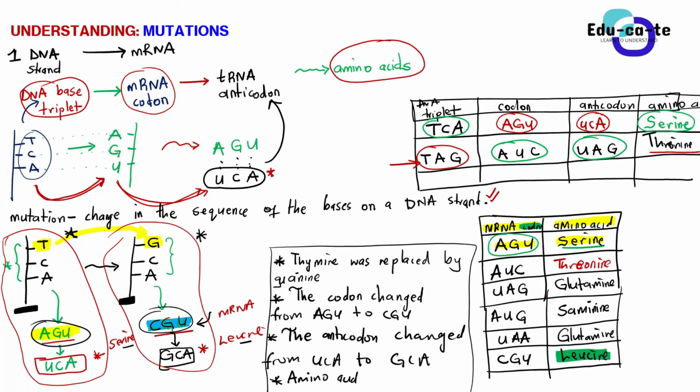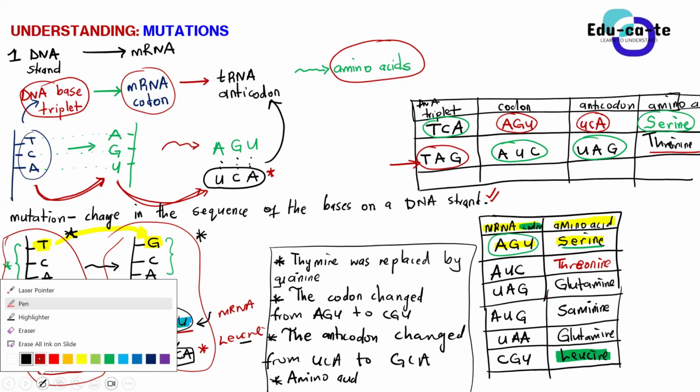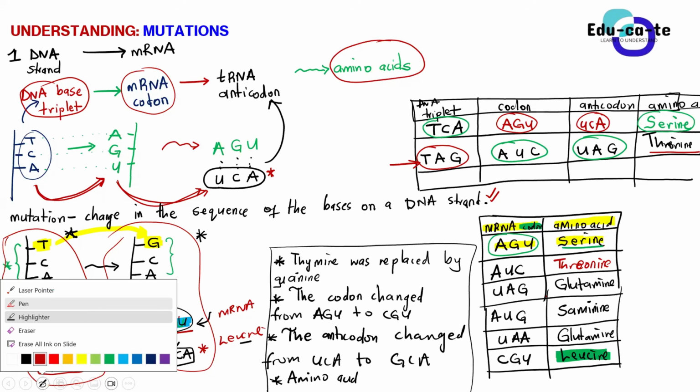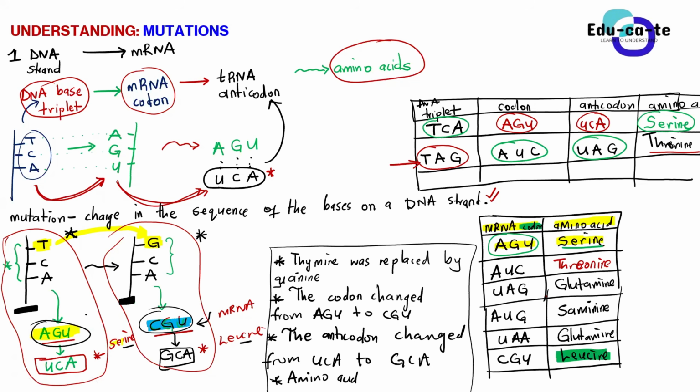Still continuing, guys. Once we see that in our given scenario, our mutation has resulted in a different amino acid being coded for. For example, here we were supposed to code for serine using the TCA, which became the AGU on the codon, and it fetched the anticodon UCA, bringing the amino acid serine. But now we have changed to leucine because our new codon brings leucine as the amino acid.